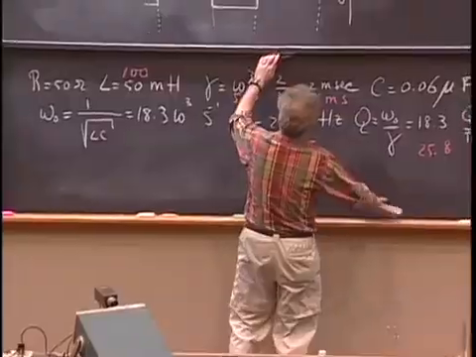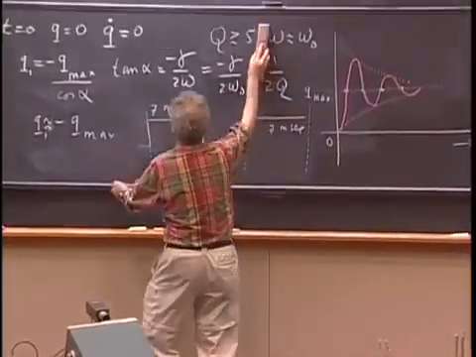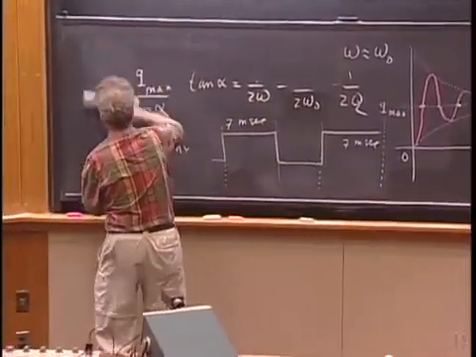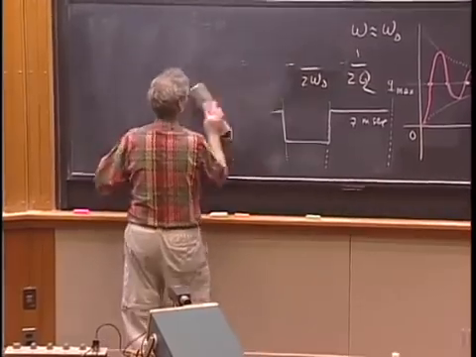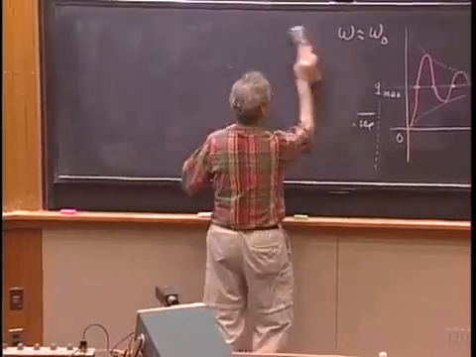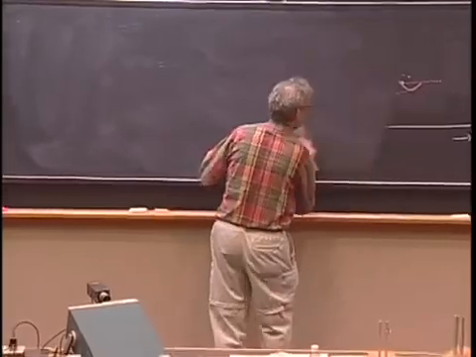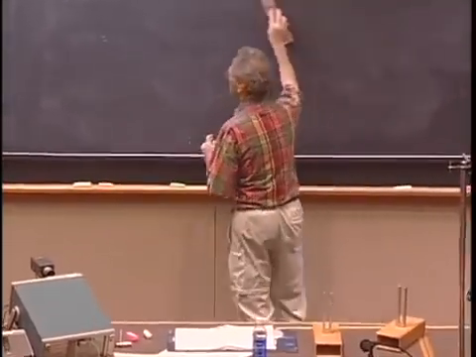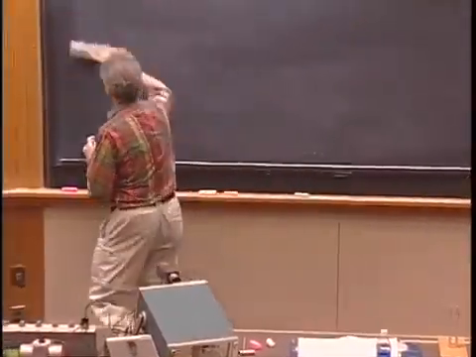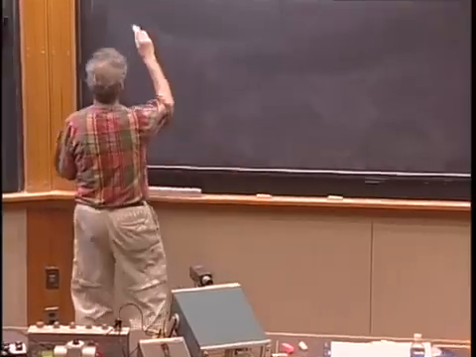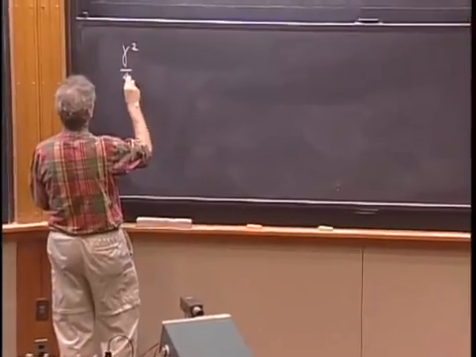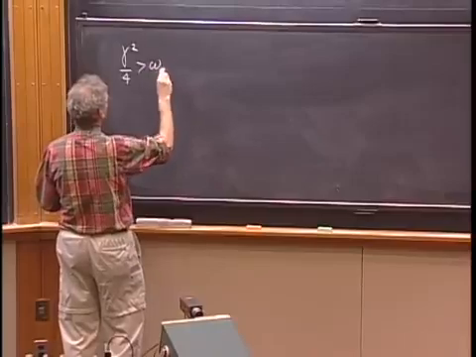All this is very nice and dandy, but what now happens if gamma squared over 4 is larger than omega 0 squared?